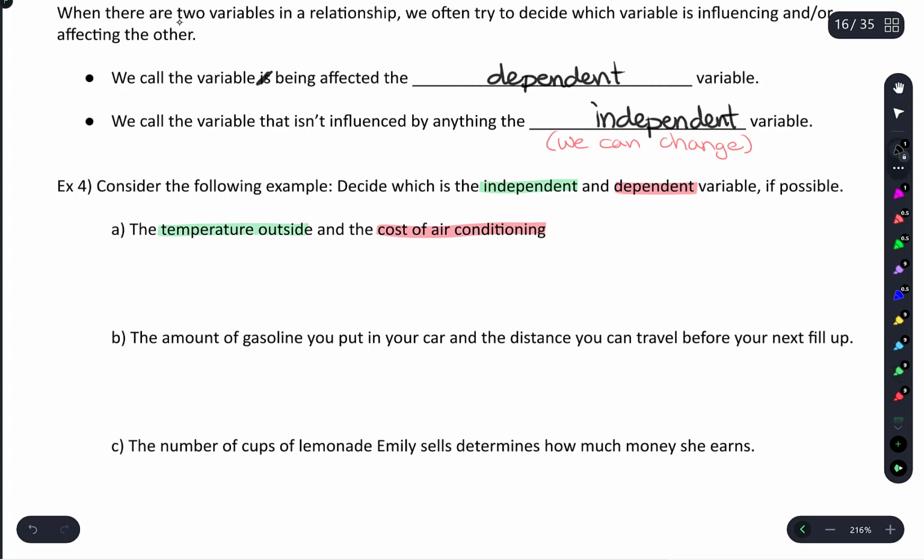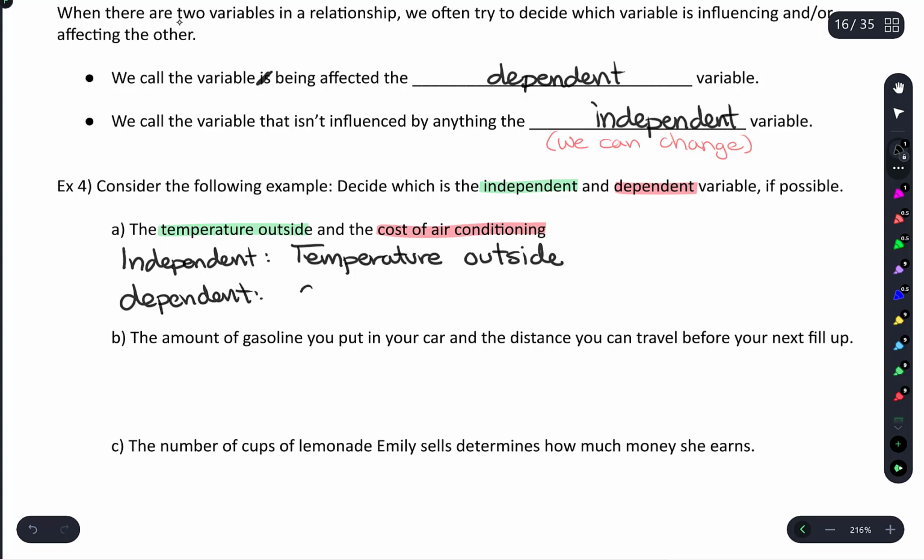So here I'm going to say independent is the temperature outside, and the dependent, the one that's going to have to change, is the cost of air conditioning.